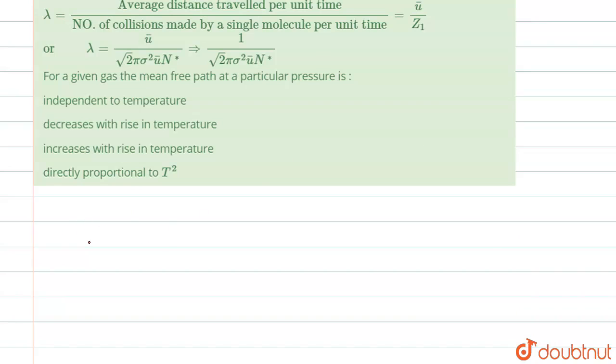So first of all, mean free path, we denote this by lambda mean.